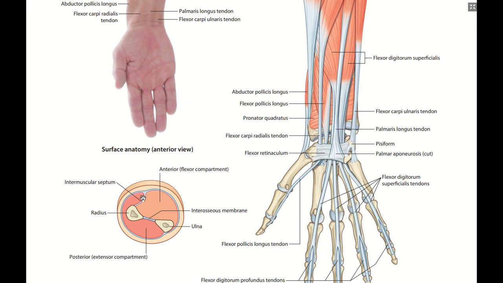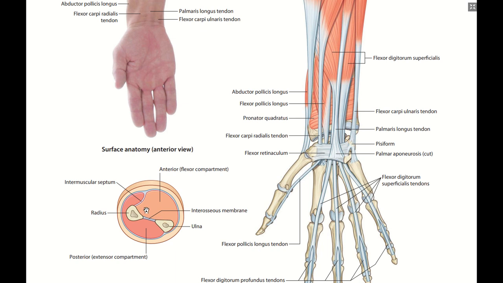that will actually attach. So you're going to have this intermuscular septum, and another intermuscular septum which will attach to the anterior border of the radius, and another intermuscular septum which will attach to the posterior border of the radius, which is not shown here, if you are going to divide the forearm into three compartments.